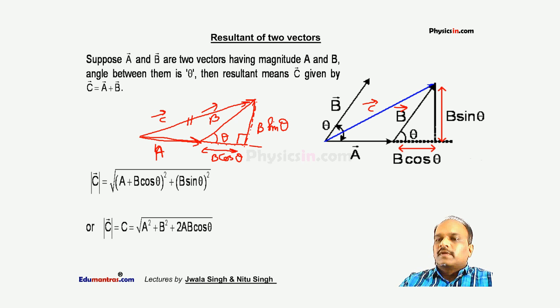The magnitude of vector C can very easily be calculated by this green triangle, which is the actual right angle triangle. So vector C is equal to root over (A plus B cos theta) whole square plus (B sin theta) square, which comes out to be magnitude of vector C is root over A square plus B square plus 2AB cos theta.